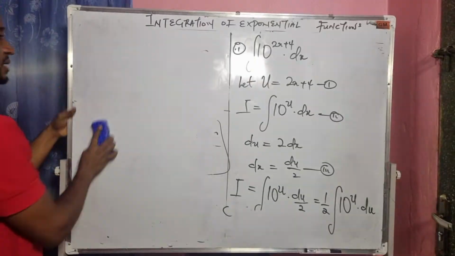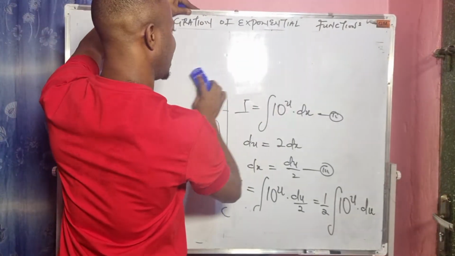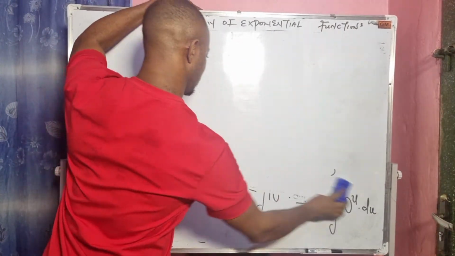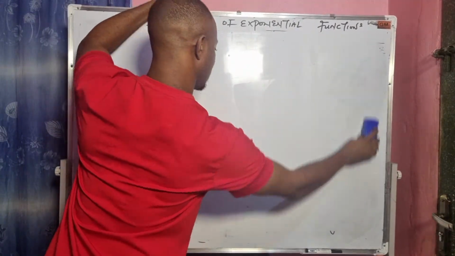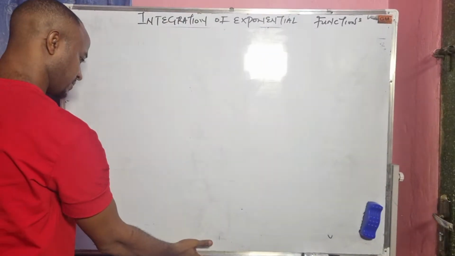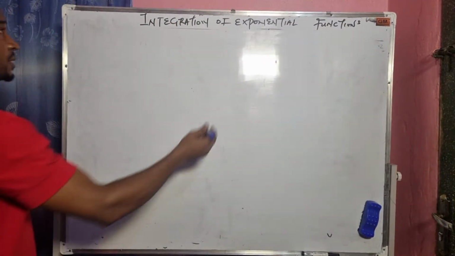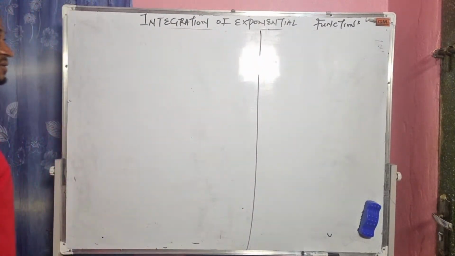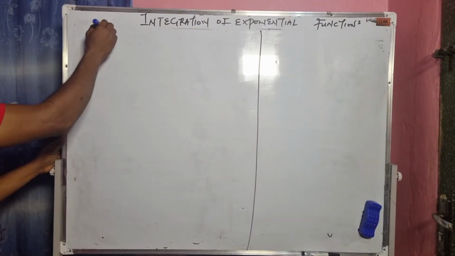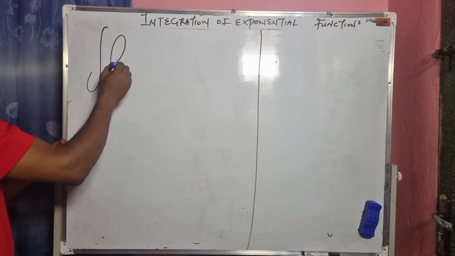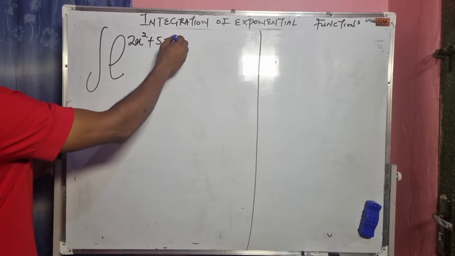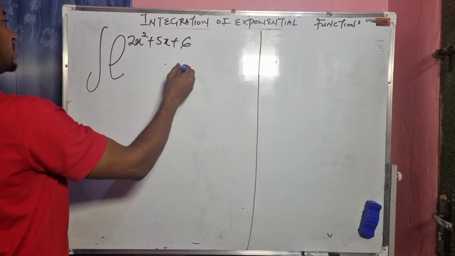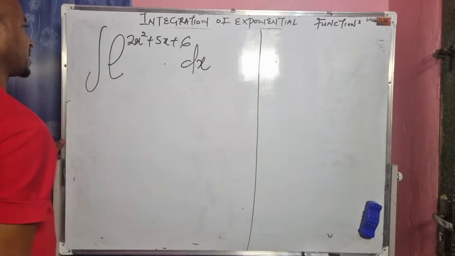and the person said, so what if I have a quadratic function, e to the power of a quadratic function? Let's say we have, find the integral of exponential 2x squared plus 5x plus 6 dx.